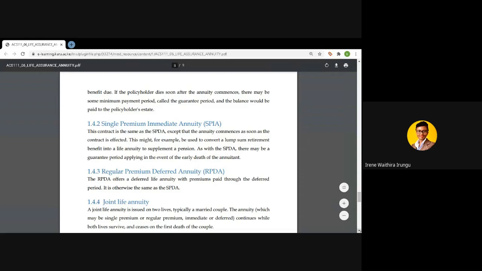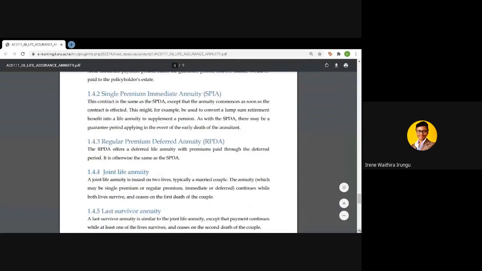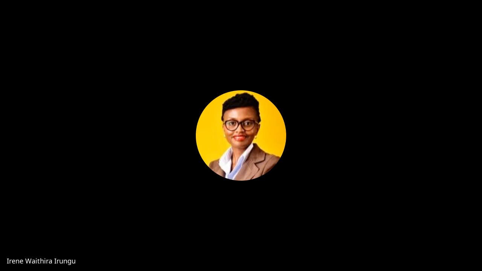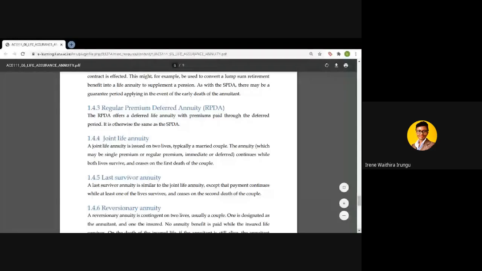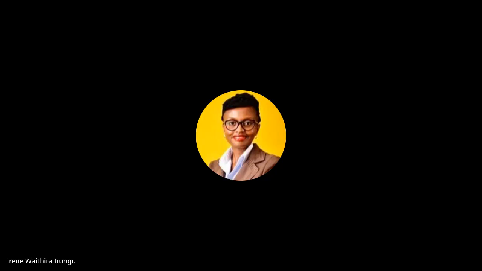Another modification is the regular premium, so again, the regular premium deferred annuity. For the regular premium, it means that instead of paying with the entire lump sum, they can be paying on a regular basis during the deferment period. The deferred, again, still means that the payments are not commencing immediately.